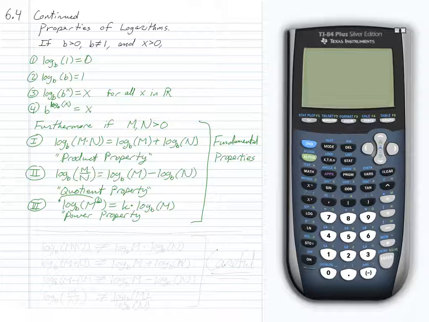Along with a cautionary note, the following are common pitfalls that you would like to avoid. The quantity log base b of m times n is not generally equal to log base b of m times log base b of n.